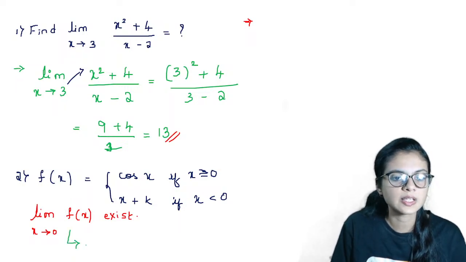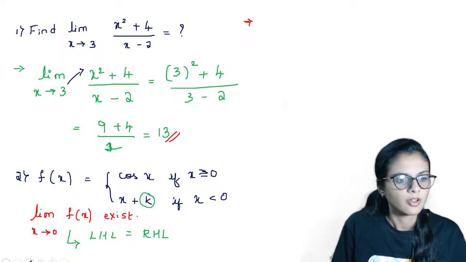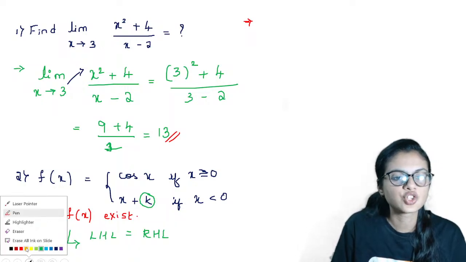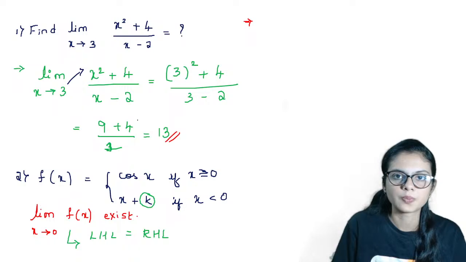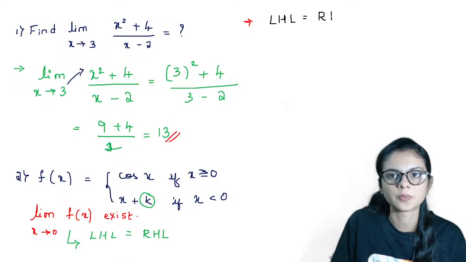So what this means is that LHL is equal to RHL. They are asking us to find the value of k. So, as I said, LHL is equal to RHL.